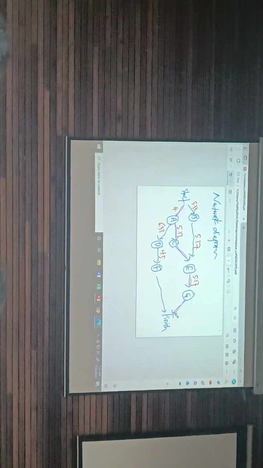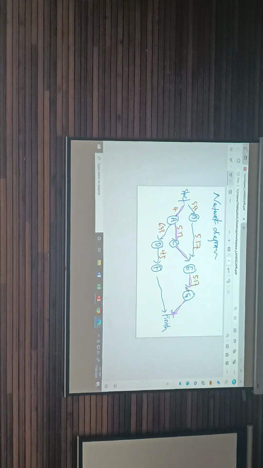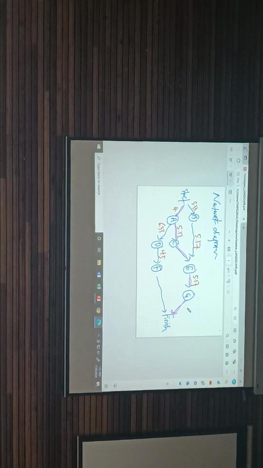The critical path is telling you that you cannot delay activities A, C, E, and G. If you delay A, C, E, G, the project will be delayed.